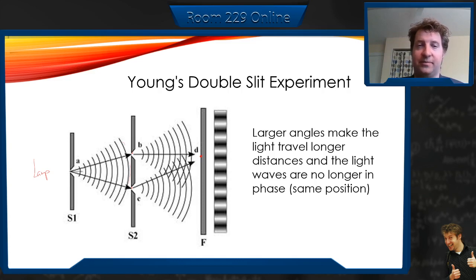A laser is a brilliant idea, but let's talk about it in the quantum mechanics unit, okay? A little bit too much right now. But the goal of it is it produces coherent light, so all the waves are all in phase.